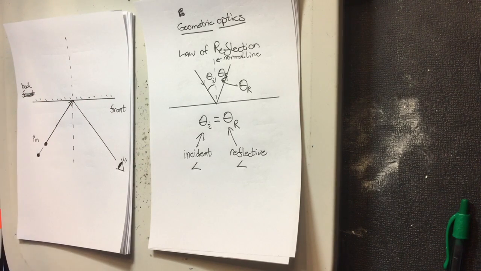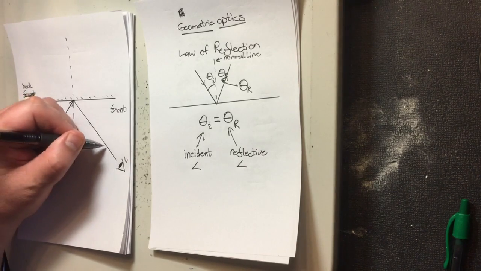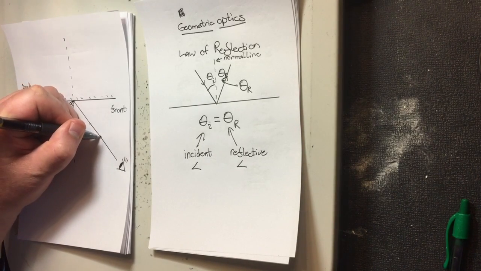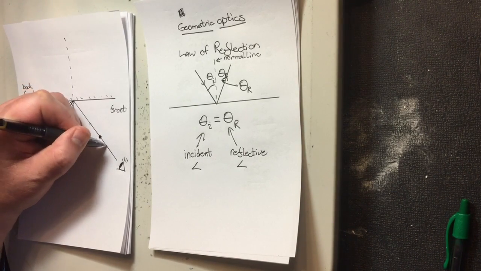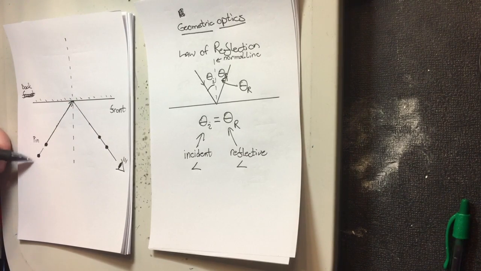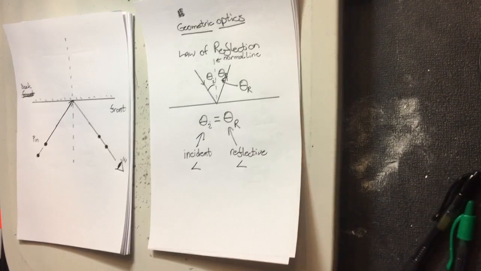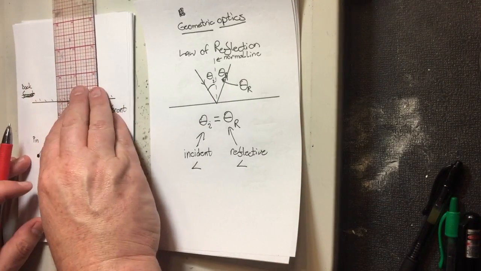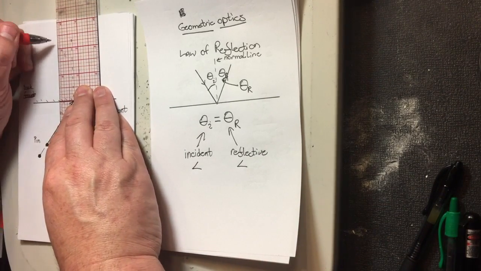You put 2 pins on the cork board, and you're going to look and place 2 pins here that line up with those 2 pins there. And now you can also do this.